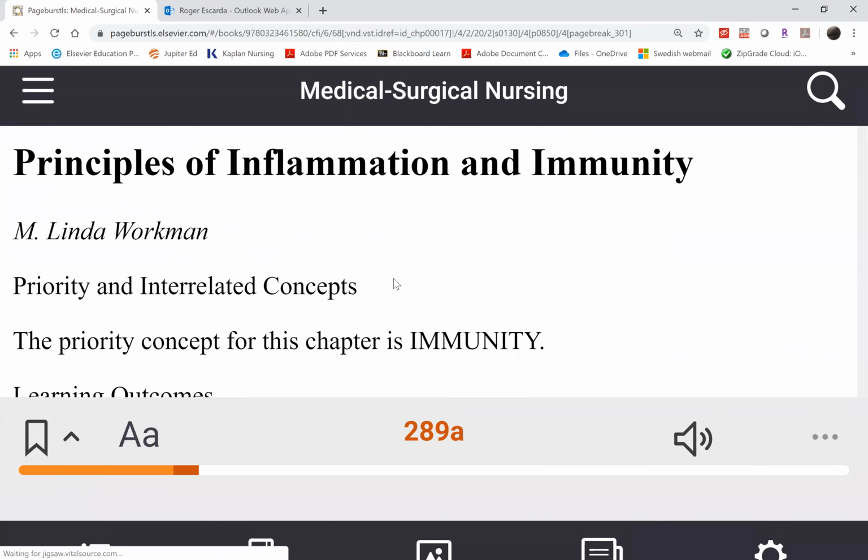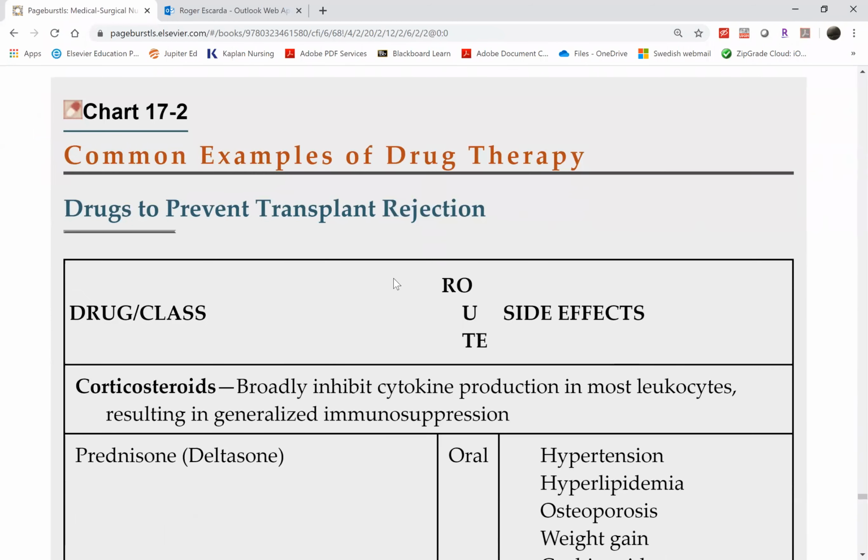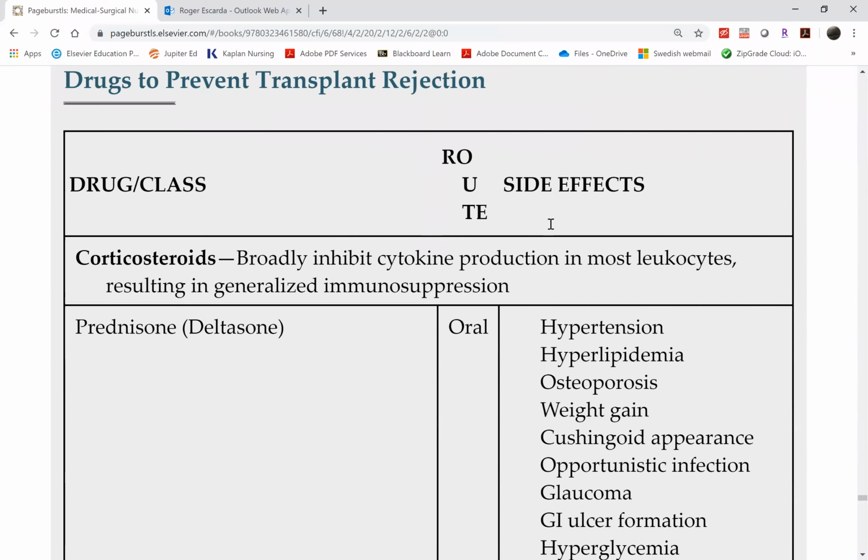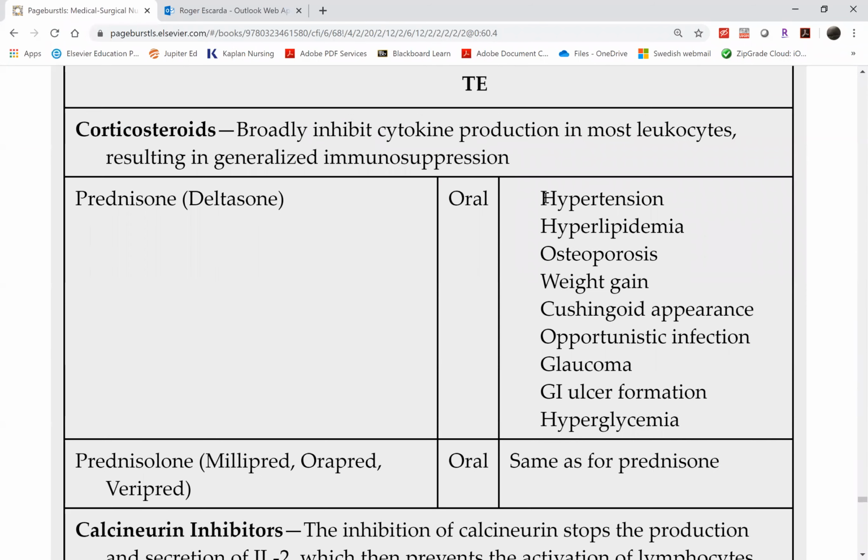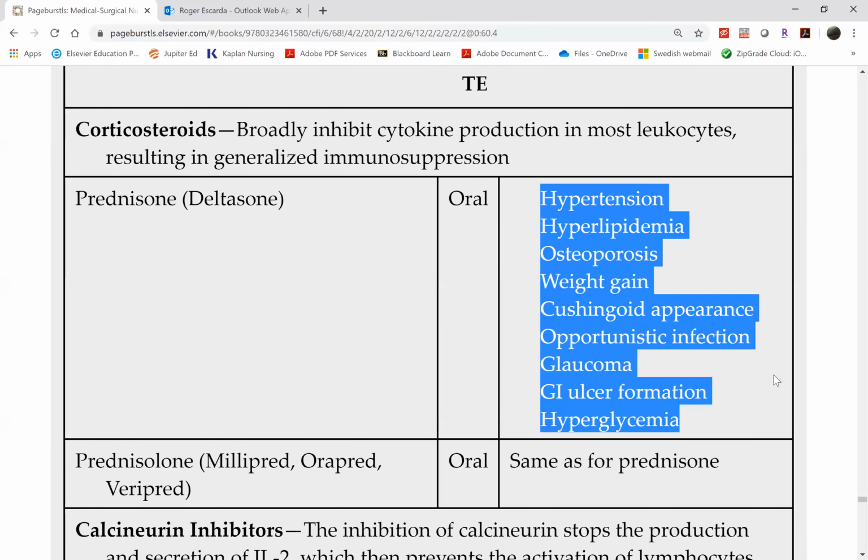All right, so here's the chart, 17-2. So the first one here, these are the steroids. So the complete, because remember, these patients are taking these forever. So this will be your complete complications here, because they may end up taking too much.